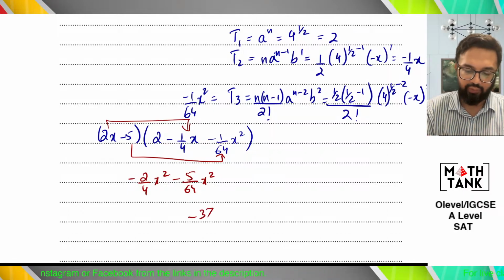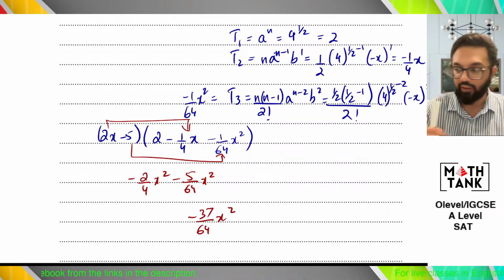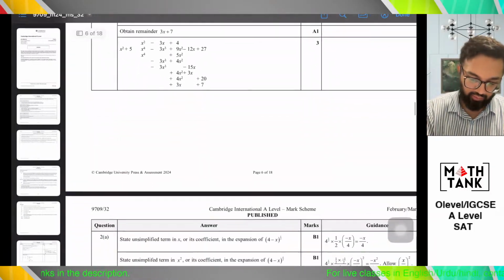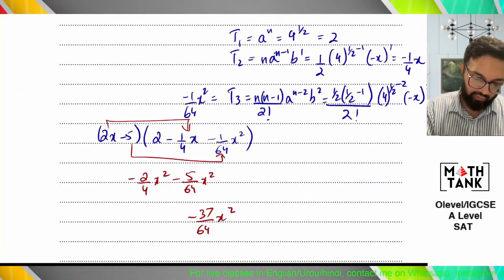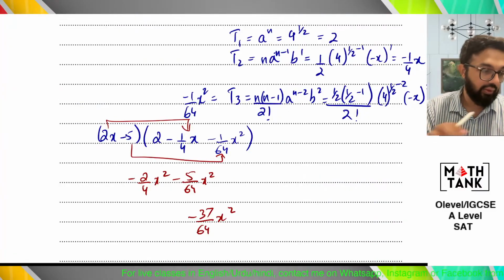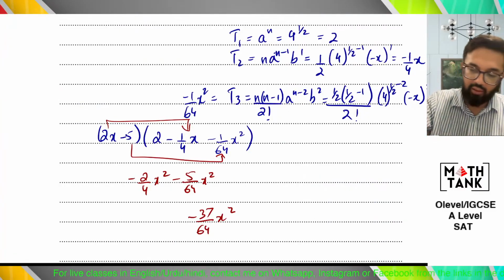Minus 37 over 64x. I don't know if that's the correct answer. I know the calculation mistake will be minus 27 over 60. Minus 37 over 64. Okay, let's check.